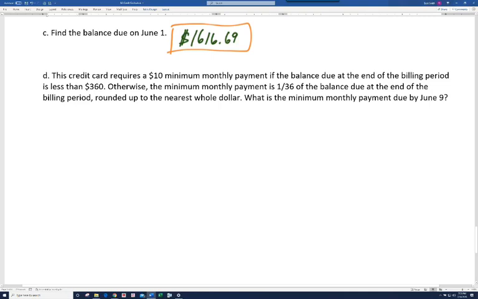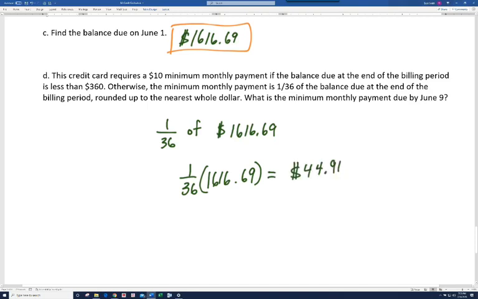Rounded up to the nearest whole dollar. So let's go ahead and take 1/36th of the balance that's due, $1,616.69. When you multiply there, you get $44.91, but we're supposed to round to the nearest whole dollar, and so we get $45. All right, and that's the end of this video.